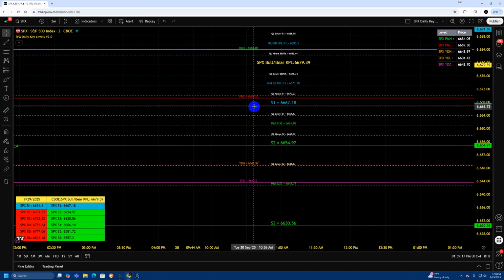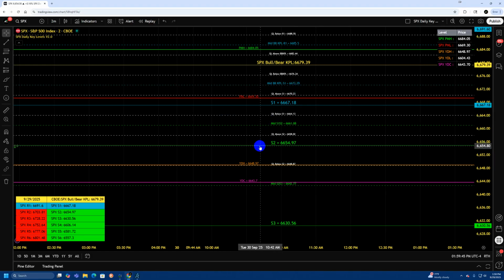Same thing applies to the S levels on bearish trades. If you're taking a bearish trade based on price action coming down, closing below S1, then your tight stop loss in that bearish trade taken from the S1 level is QL above S1, and your standard stop loss is the first midpoint level above S1, which is this mid BB-KPL S1.